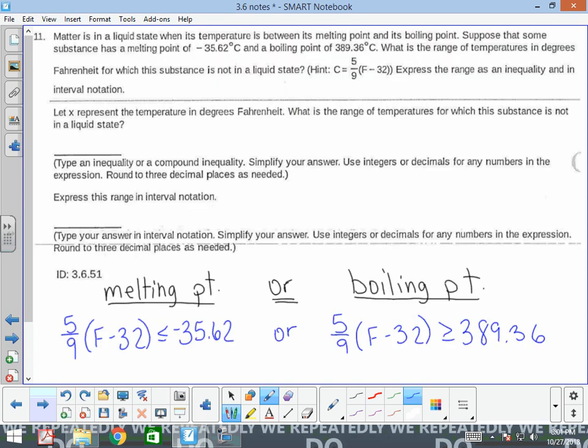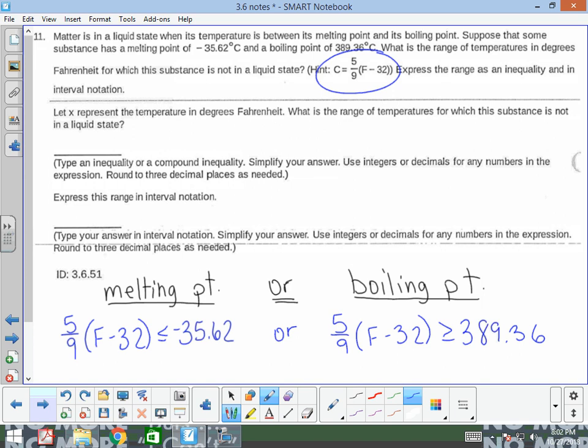All right, good thing that one was easy, because now we have this one. I'm not going to read this whole thing, but I do want you to notice that it says hence C equals 5/9 (F minus 32). So we are using that particular formula for this one. It says the substance has a melting point of negative 35.62 and a boiling point of 389.36.